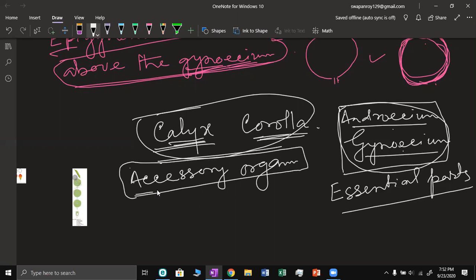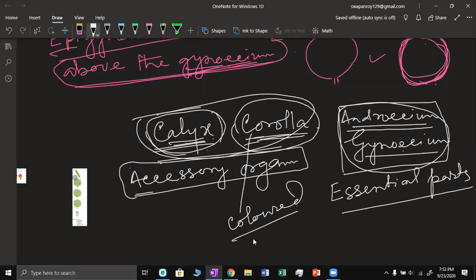This calyx mainly protects the flower in its bud condition. So this gives protection to the reproductive structure when it is young. Corolla also gives protection, because when it is in the bud condition, the androecium and gynoecium are covered by corolla and calyx.